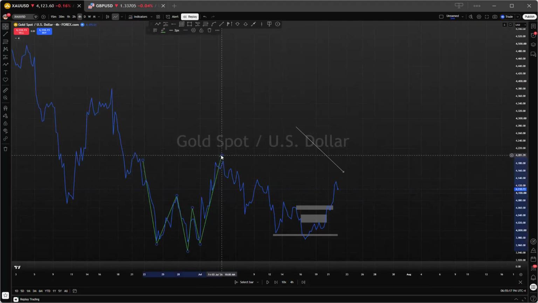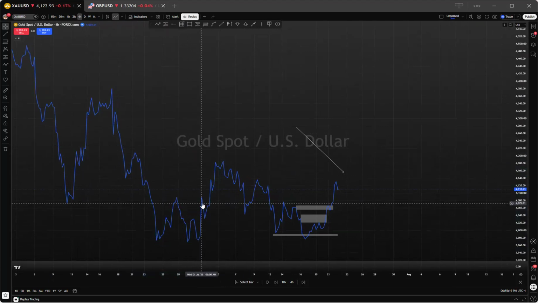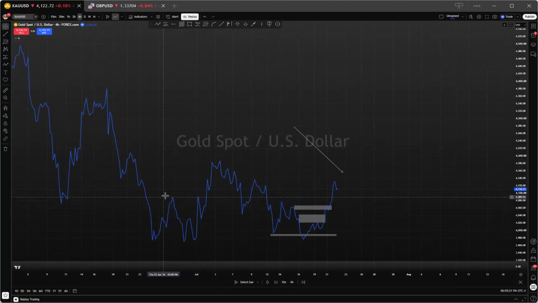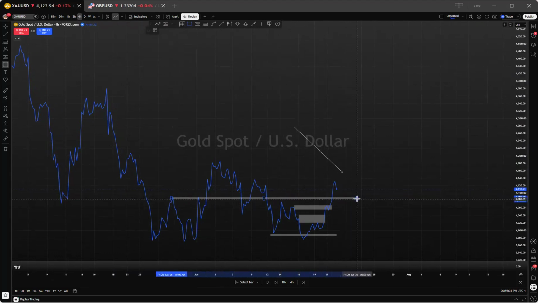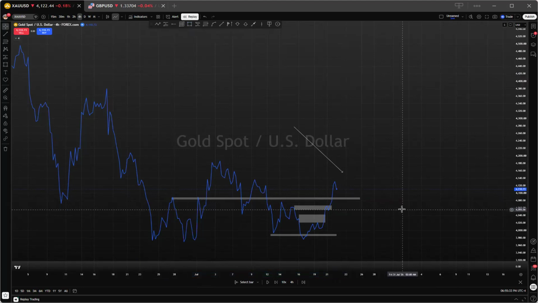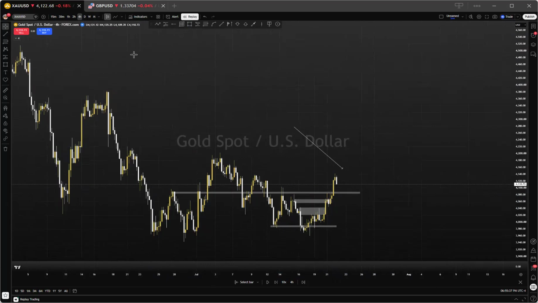I use the line chart to make things easier to view, right? So we see that we have this structural point here. If we are to eliminate the wicks, because the line chart helps you eliminate the wicks, then we have this. Okay, so let's come back to our normal chart.